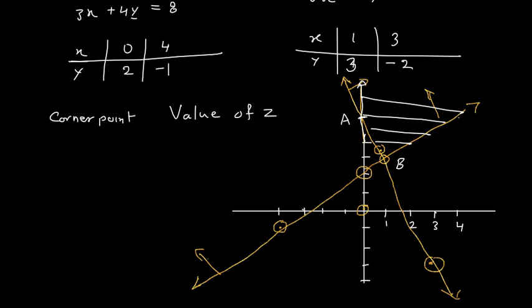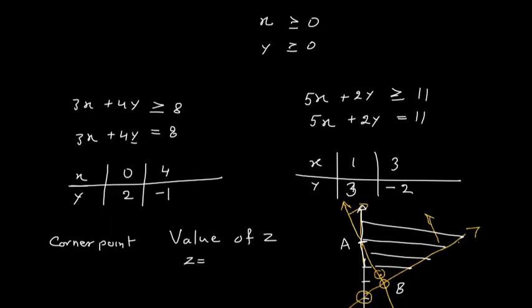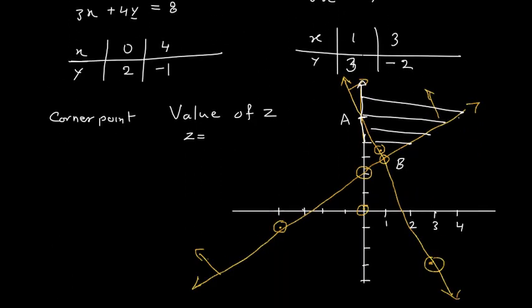The formula for z is equal to 60x plus 80y.